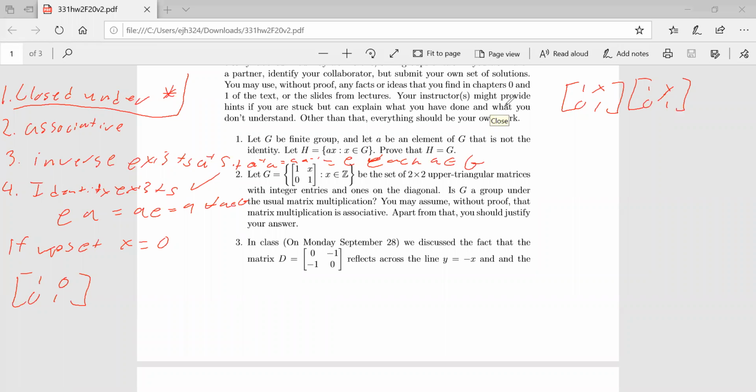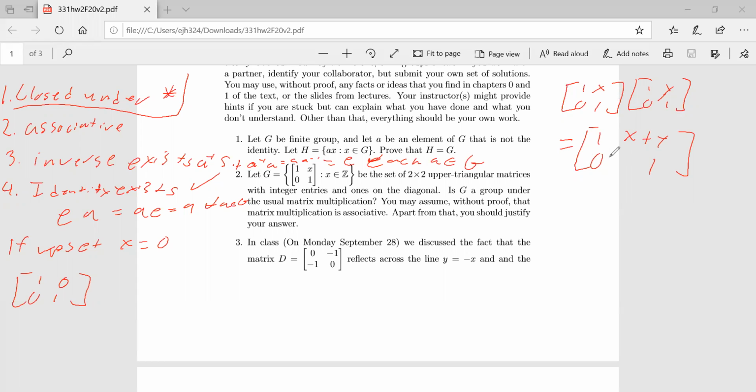Cool. Thank you, Marius. So we get that this guy is going to be equal to 1, right? Top left is going to be equal to 1. This guy right here is x plus y. This guy right here is 0, and this guy right here is 1. Actually, that calculation should be enough to tell you that this is in fact closed.